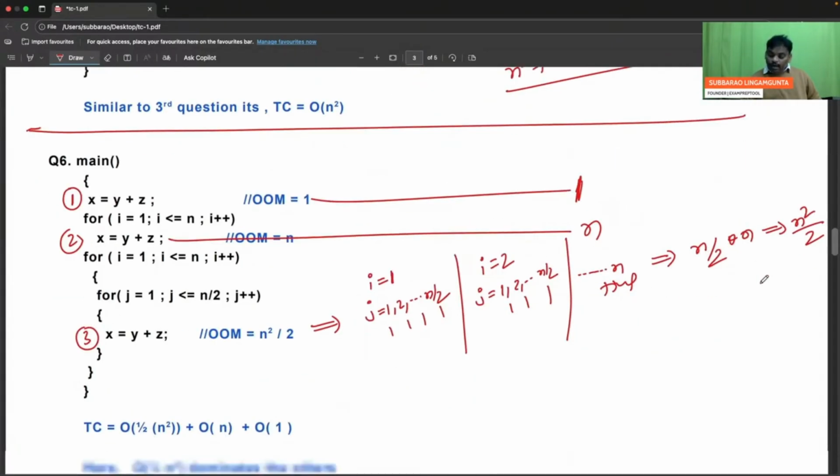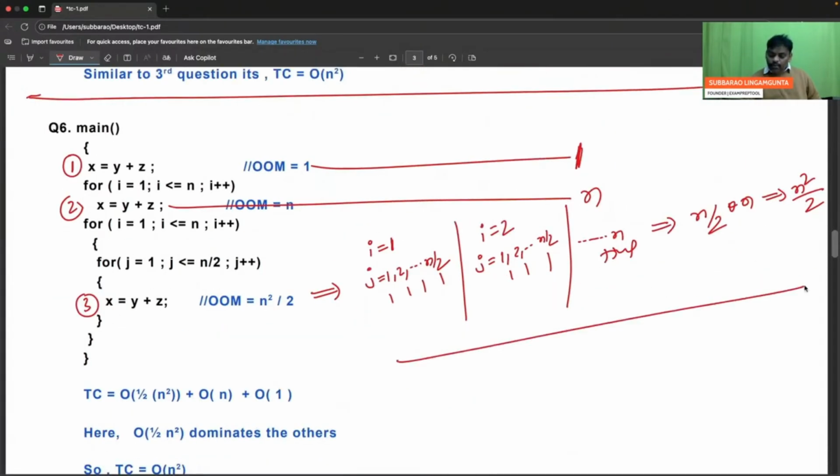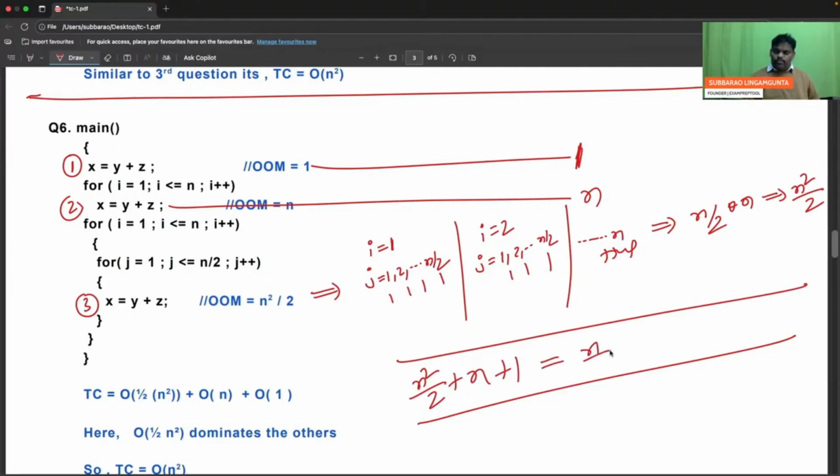Now if you add everything, n square by 2 plus n plus 1. In this, the bigger one is n square by 2.